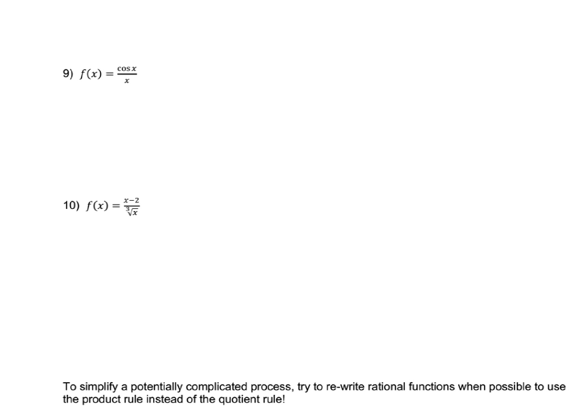So in this situation, because I have a quotient of two different functions of x, I will use the quotient rule. So the derivative is the derivative of the numerator, which remember is negative sine of x, the derivative of cosine, times the original denominator, minus the derivative of the denominator times the original numerator, or vice versa, however you want to think of that.